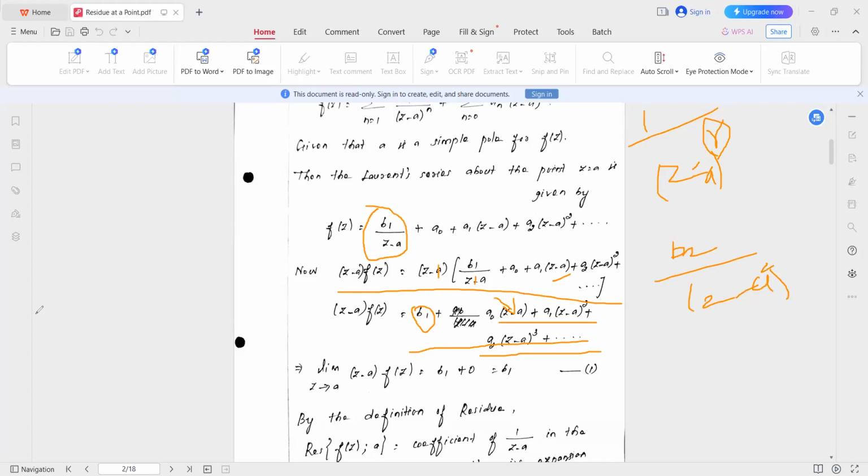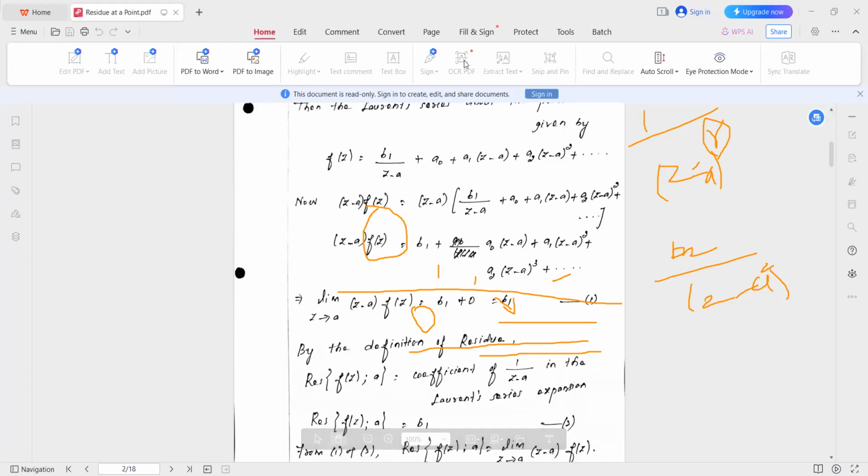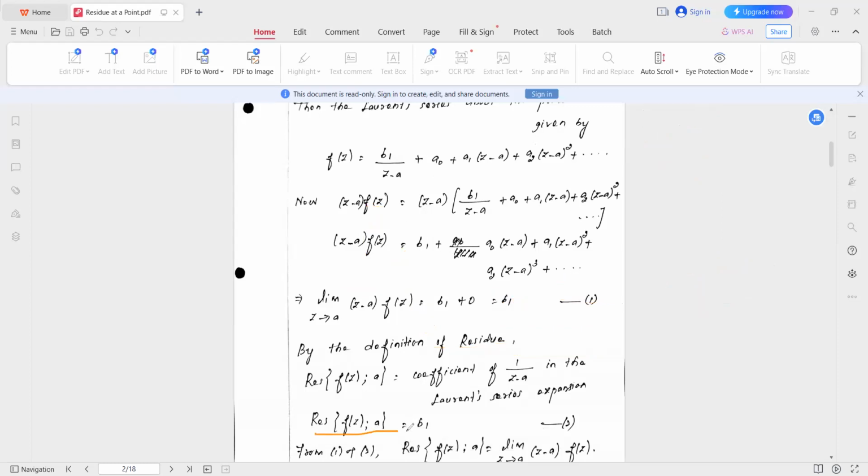But b1 is nothing but the residue of f of z at the point a. So by substituting the value of b1 here, we get residue of f of z at the point a is equal to limit z tends to a, z minus a into f of z. So simple formula: if a is the simple pole, then residue of the function f of z at the point a is equal to limit z tends to a, z minus a into f of z.